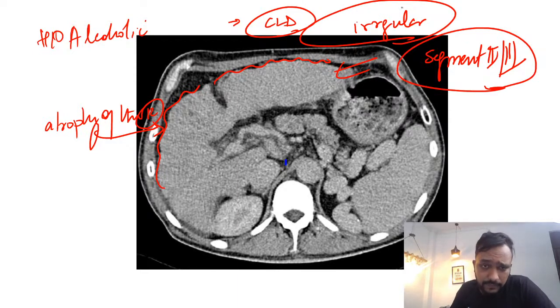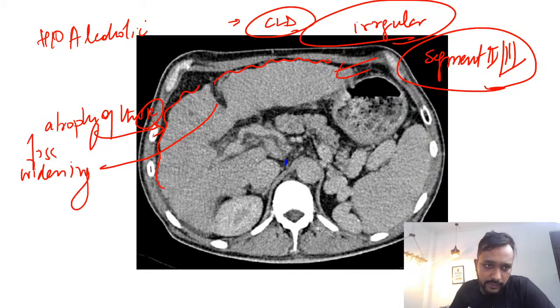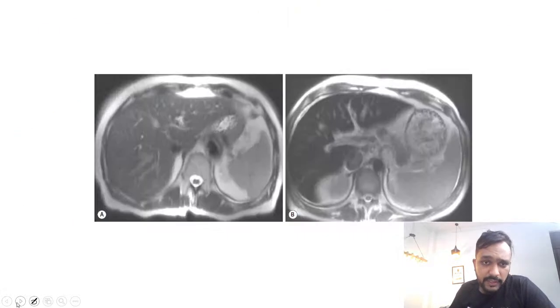We can also see widening of the interlobar fissure. Fissural widening can be seen in these patients. So this is a case of chronic liver disease.